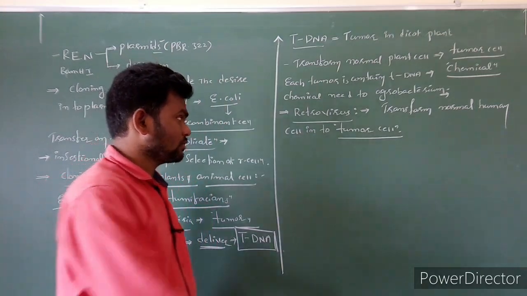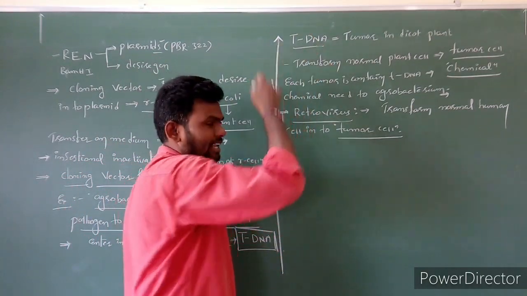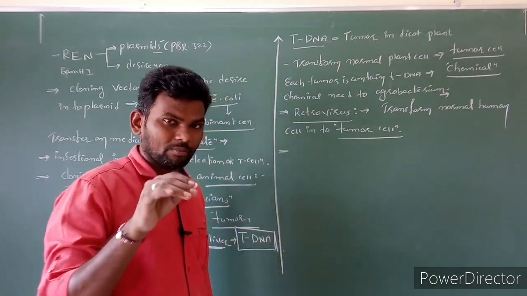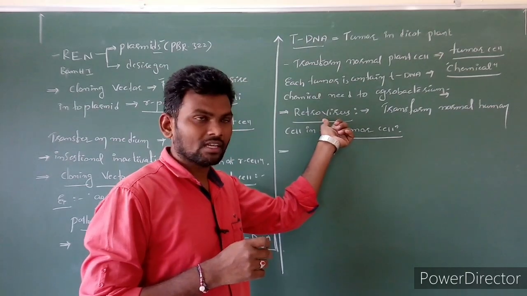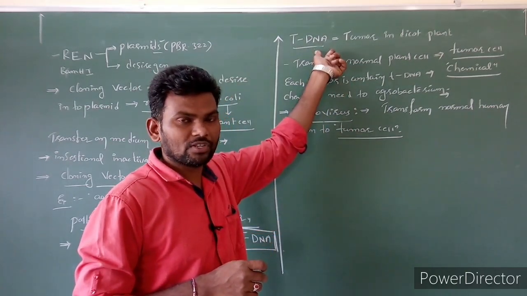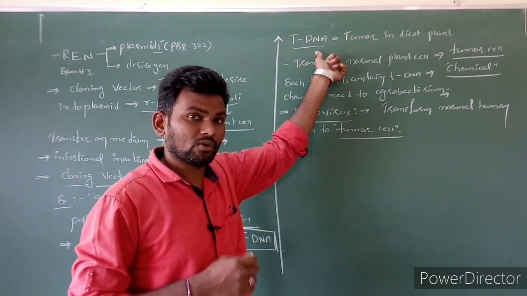Now here, by using biotechnology, these two, virus as well as bacteria, we prepare as vectors. Now these two, retrovirus as well as Agrobacterium tumefaciens, we are using as cloning vectors.